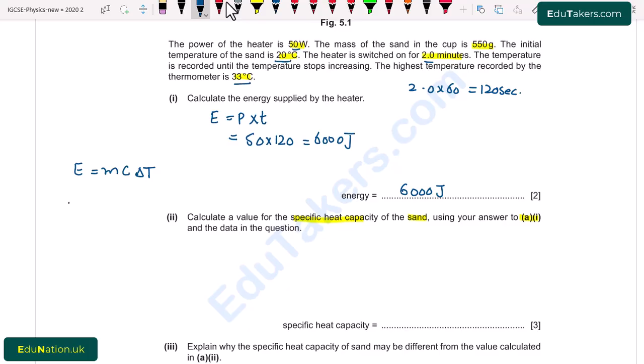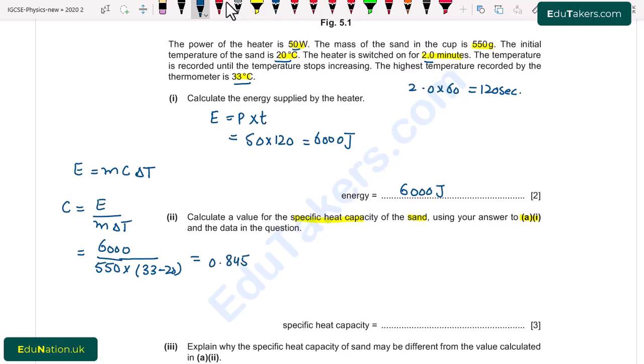So, separating C, C is equal to E over M delta T. E we have already calculated, 6000, divided by mass, which is given as 550 gram, multiplied by change in temperature, 33 minus 20 degrees C. After calculation we get C comes to be 0.845.